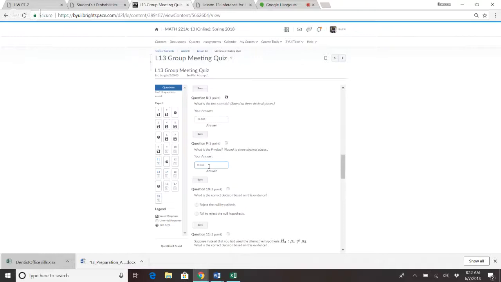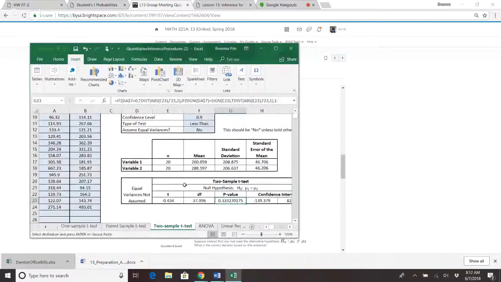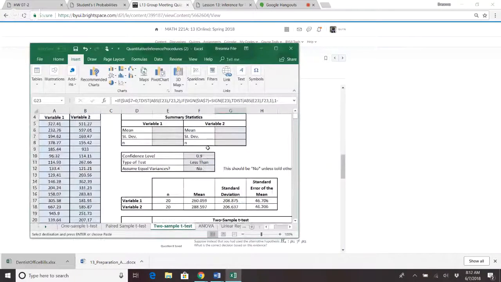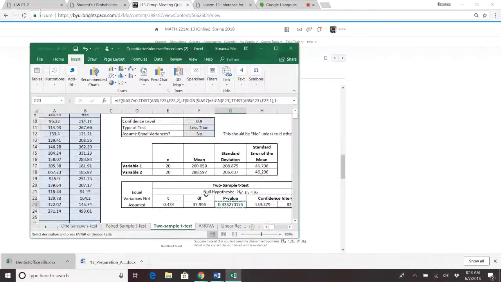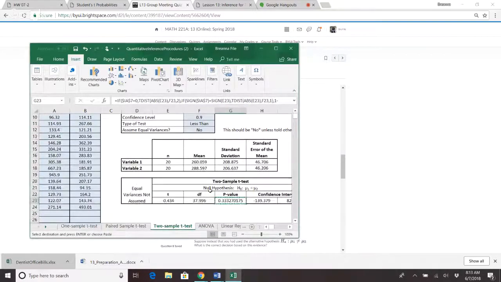The p-value is, wait, 0.667, right? Oh, is it? Am I looking at it wrong? Hold on, let me look at yours. Well, is it less than, right? Oh, shucks. Okay, yeah, you're right. Let me change mine, your p-value is different. So less than, yep, now I have it right. Okay.